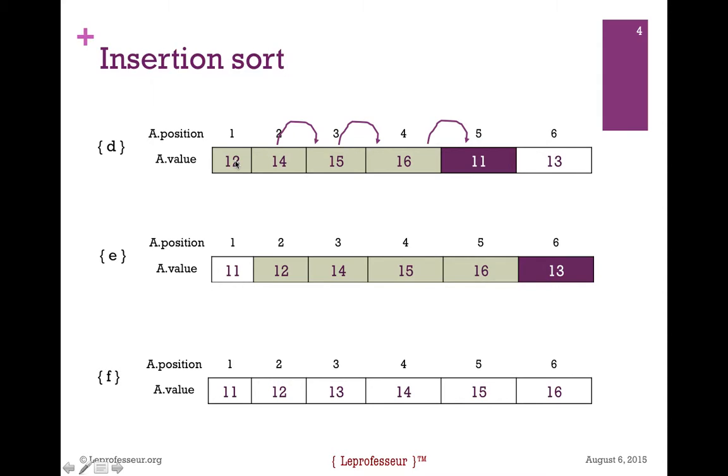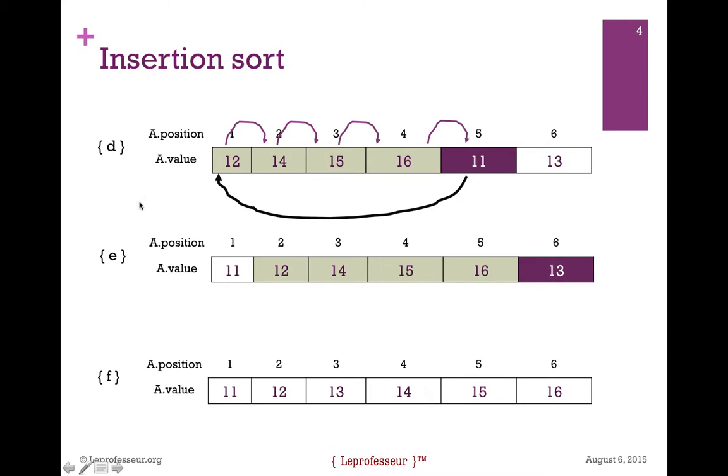Same thing, number 12 is bigger than number 11, so number 12 goes to position number 2. And now what? We have no more room left to go backwards. Position number 1 is the place for number 11, so we store number 11 at position number 1. Isn't it interesting? I hope you are with me at this step.